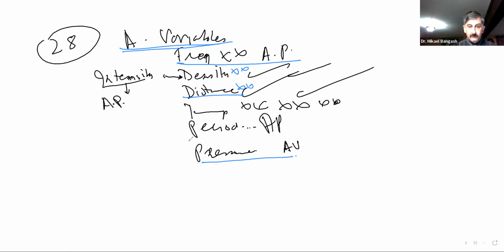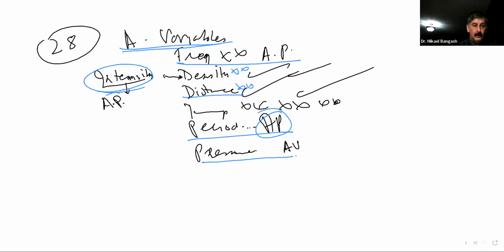And then they say period. We already said that. Yes, it is an acoustic parameter. So that's what they're asking about here. Clear? Had it said intensity, that would have been an acoustic parameter. Had it said power, that would have been an acoustic parameter. Had it said amplitude, it would be an acoustic parameter.